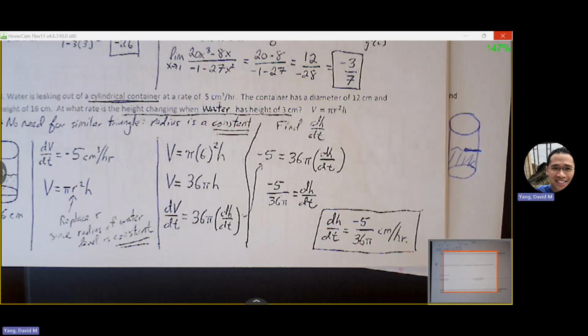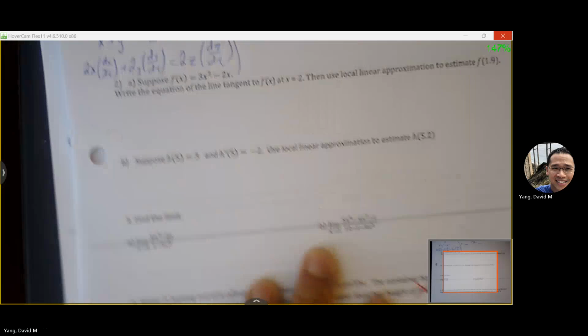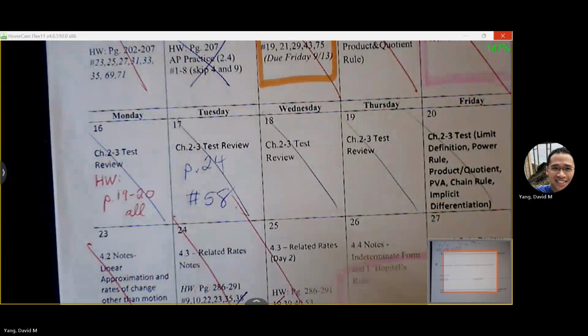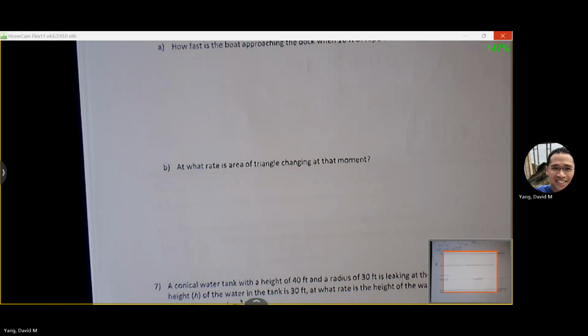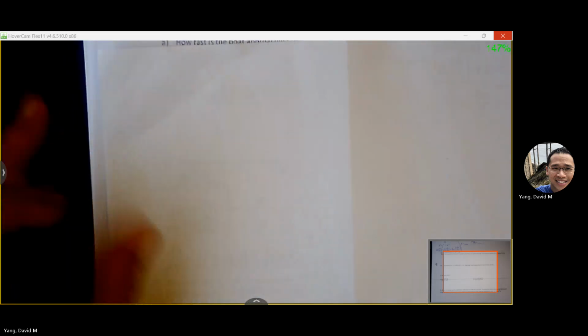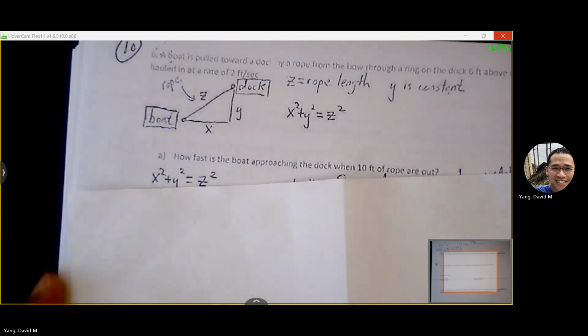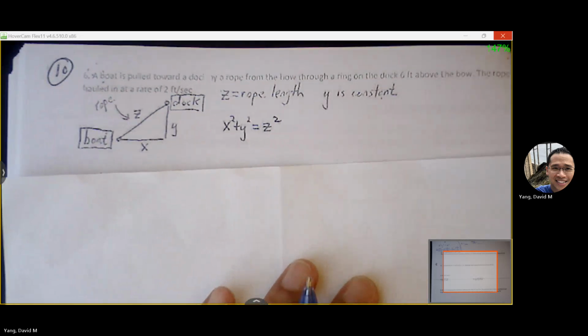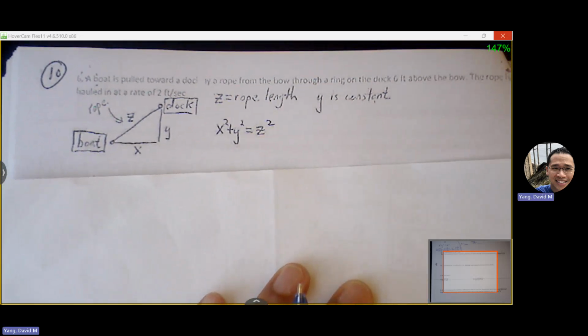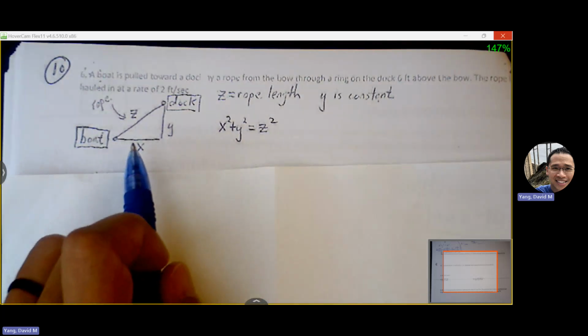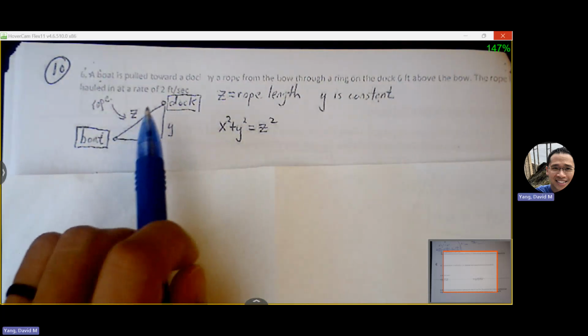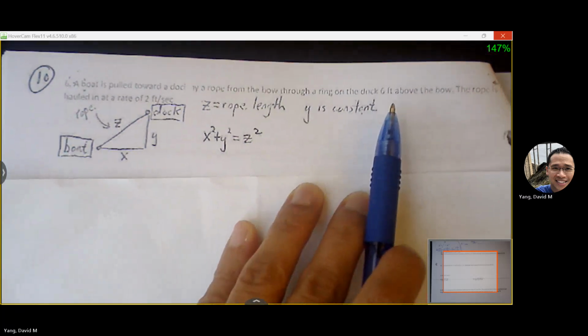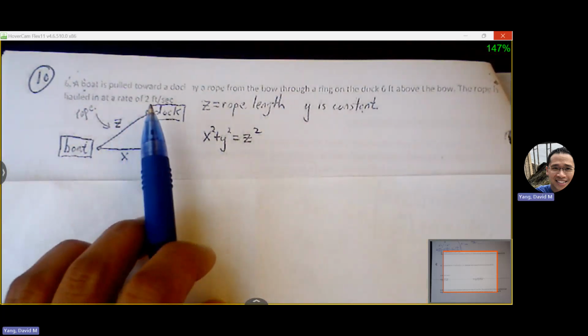Okay, page 6, back to a Pythagorean theorem problem. Okay, a boat is being pulled toward a dock where there's a rope that is being hauled in at a rate of 2 feet per second.